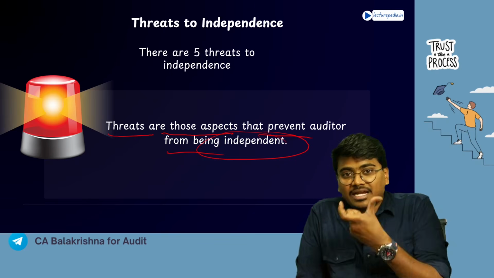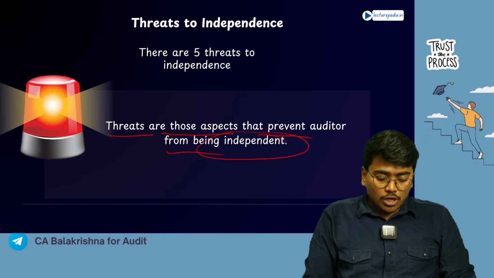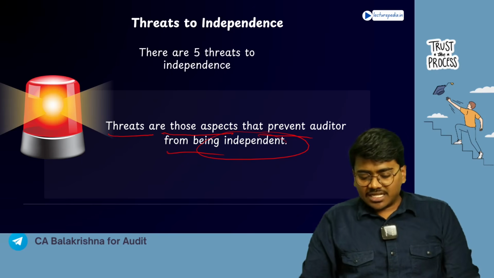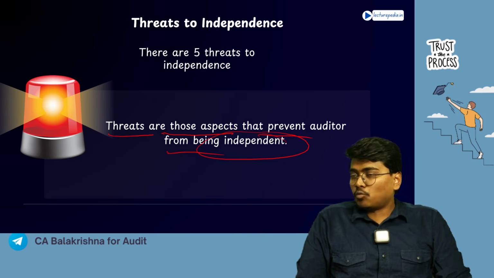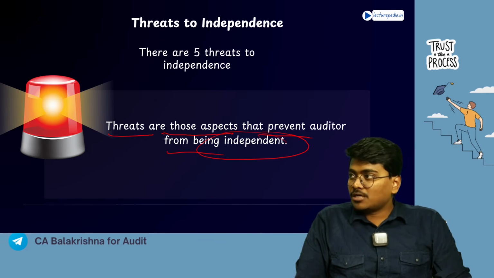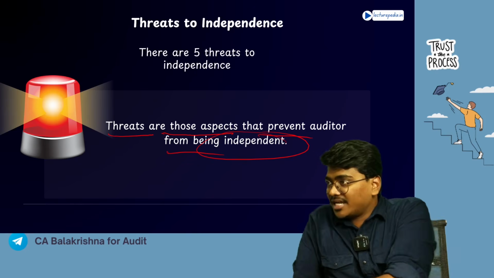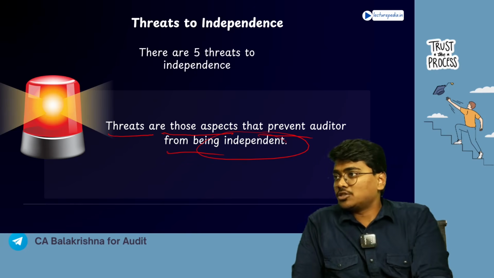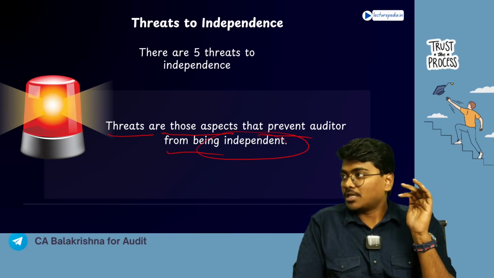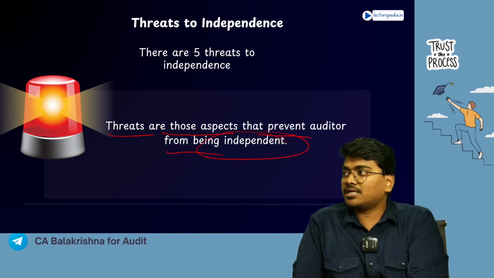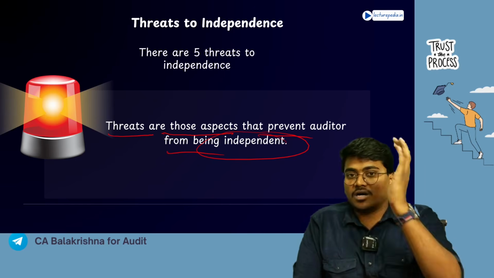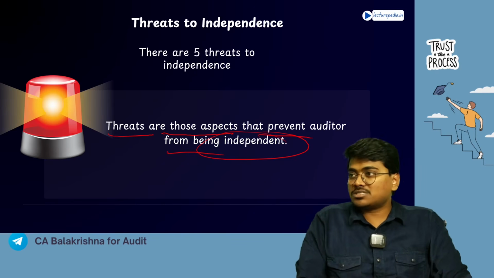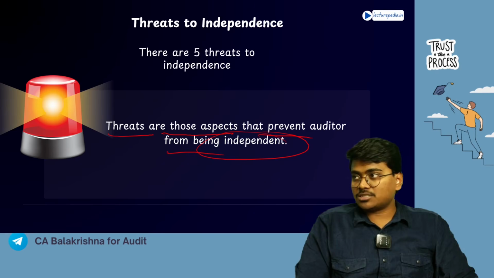Now, if there is a threat to independence, you will not keep it as it is. What will you try to do? You will try to either completely eliminate it or reduce it to an acceptable level. If you are not able to completely eliminate the threat, you will at least try to reduce it to an acceptable level by implementing safeguards. We will discuss what those safeguards are and how to eliminate the threats also. Can I move to next slide?